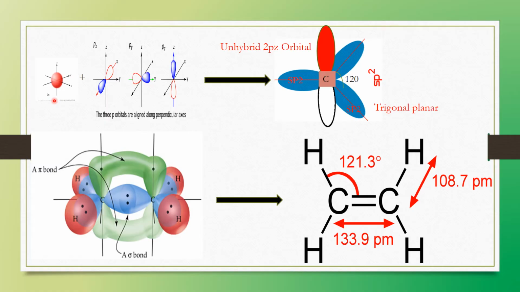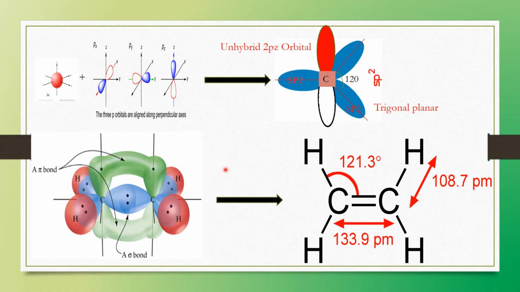The 2s orbital intermixes with 2px and 2py orbitals to give three identical sp2 hybrid orbitals, and one 2pz orbital is left over with a single electron without taking part in the hybridization. Now they are arranged at an angle of 120 degrees. So the shape of sp2 hybridization is trigonal planar.